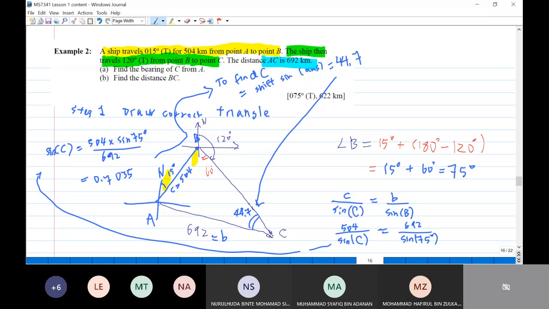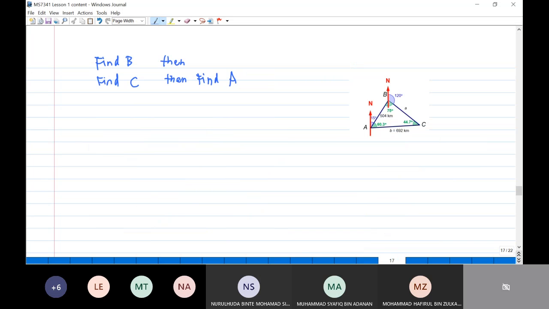So how is it going to help you? I have 44.7, so you know where angle A is now. So I need to find the angle A. So in the picture, one of them is 75.